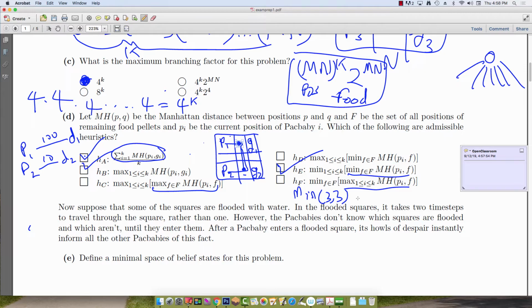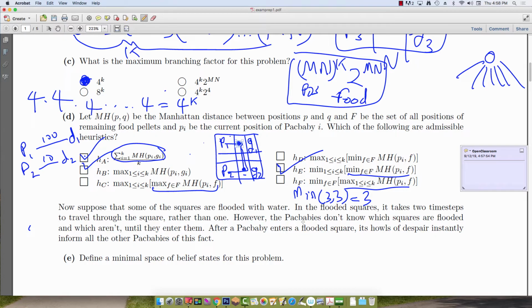And thus, our heuristic here would be 3, which again is an overestimate of the true optimal goal. Intuitively, the reason this is not admissible is that we're looking at the farthest Pac-man from every food, and then taking the food with the smallest value. It's not necessarily the case.